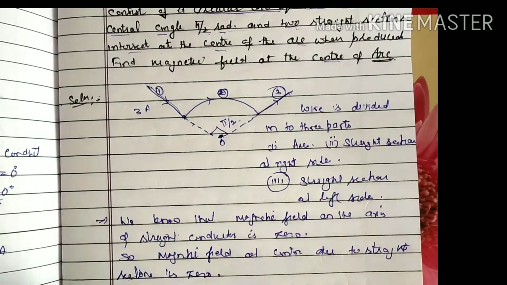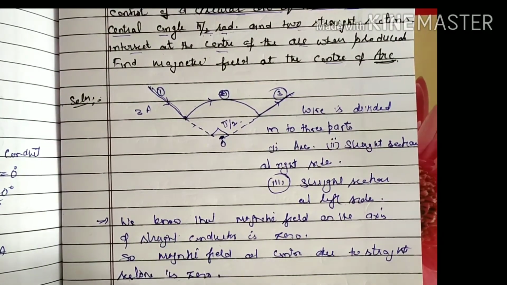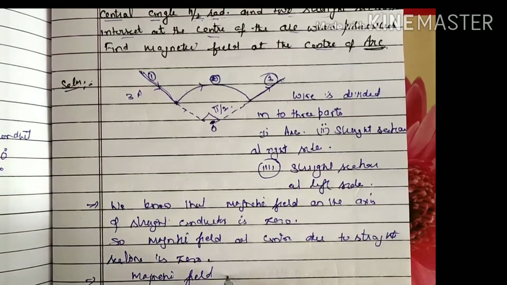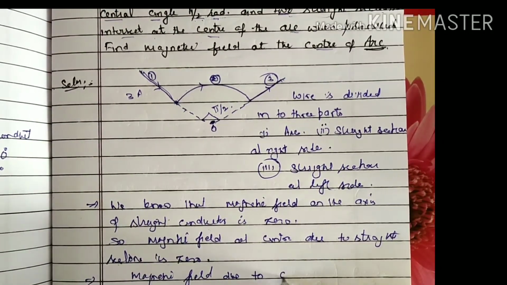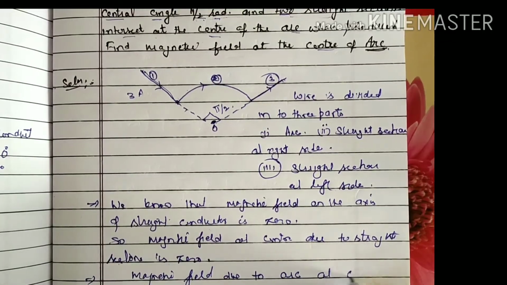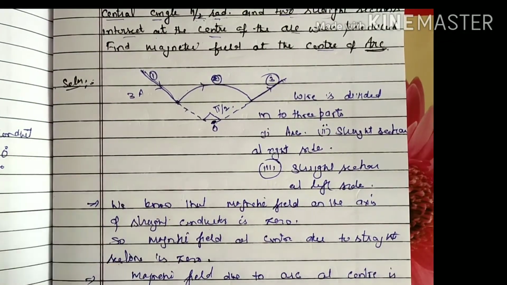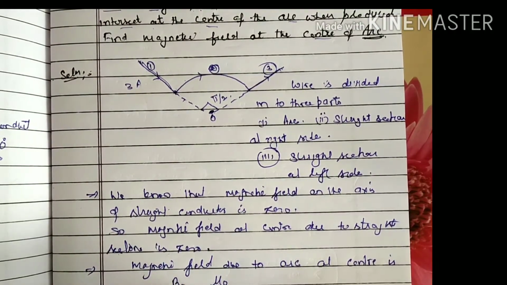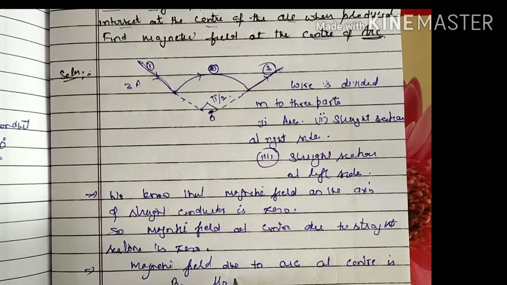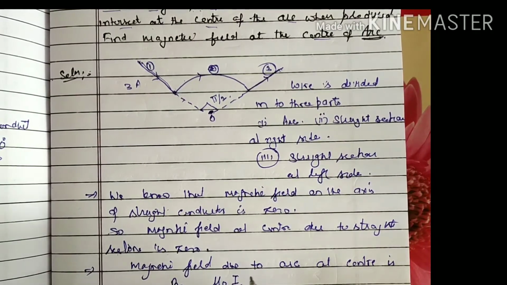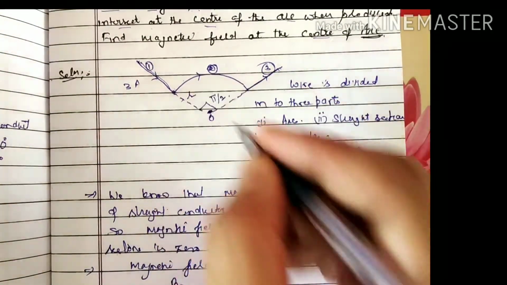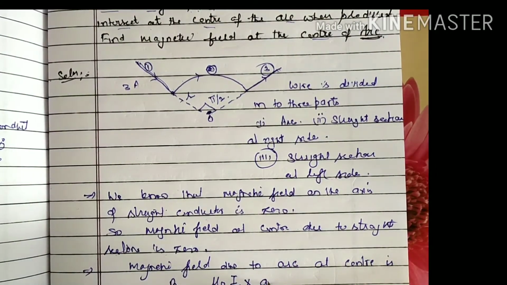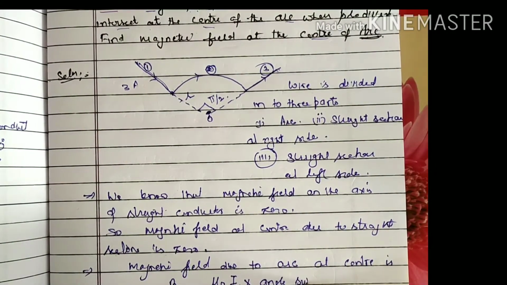Now magnetic field due to the arc at center is, so we know the formula B is equal to mu naught upon 4 pi into I upon R into the angle subtended.